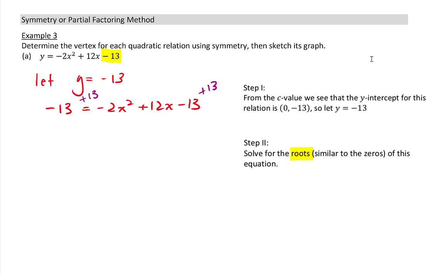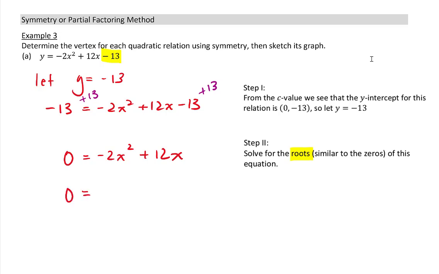And then what we're left with is 0 equals -2x² + 12x. So now this is what we call an equivalent expression. And this equivalent expression, we're going to use the same methods we used last unit and solve for the zeros of this expression. So to do that is to first factor.